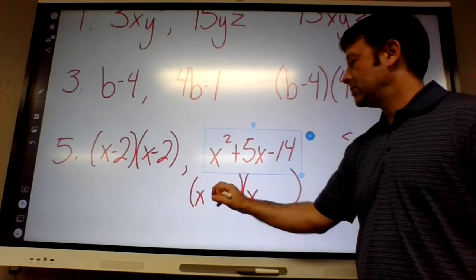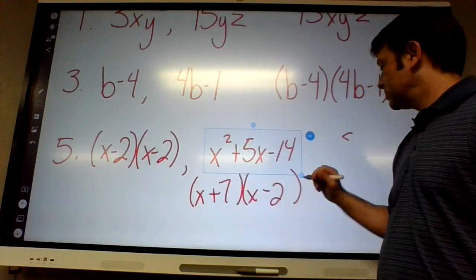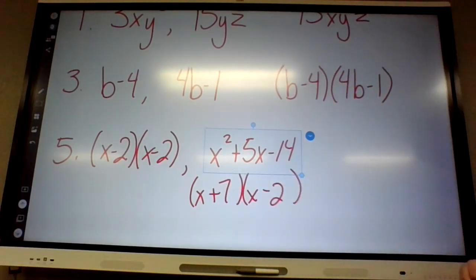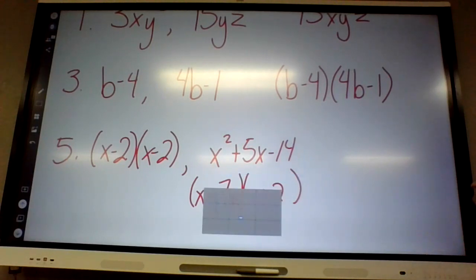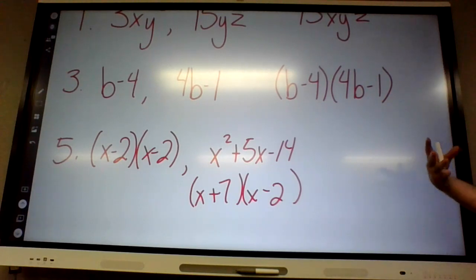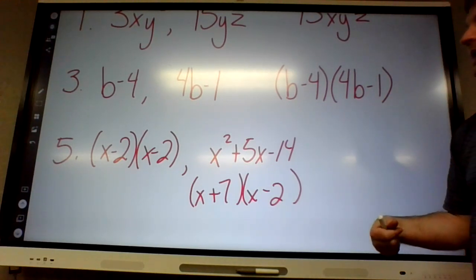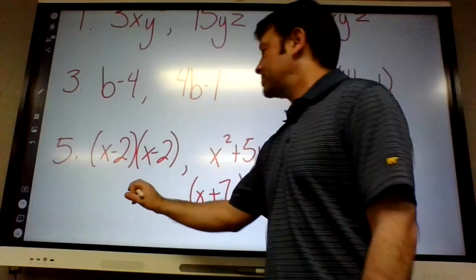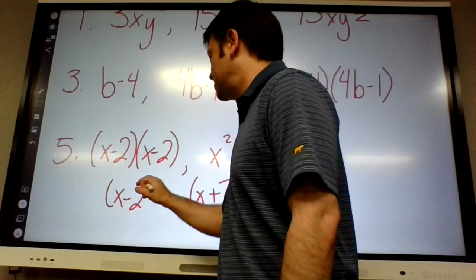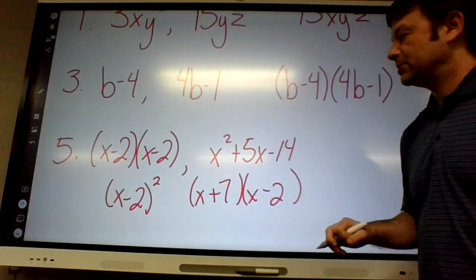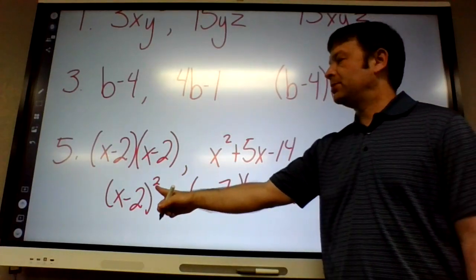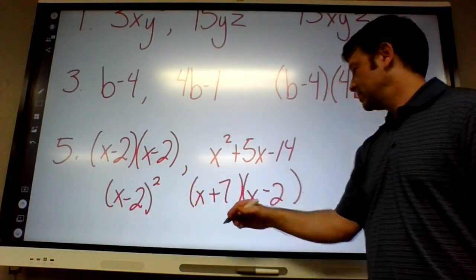7 minus 2. Okay, that's not the answer. We need to break it down to the factors because we use the factors to make the common multiple. So how many x minus 2's, maybe I should put it back. How many x minus 2's should I use? 2. Remember, you got to use the most of each.